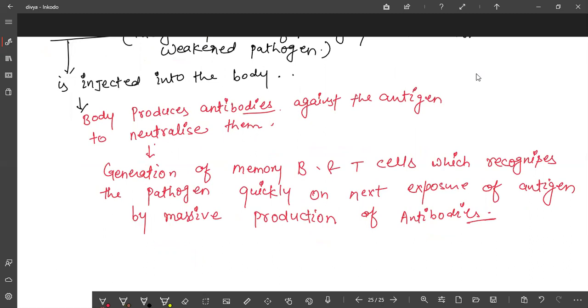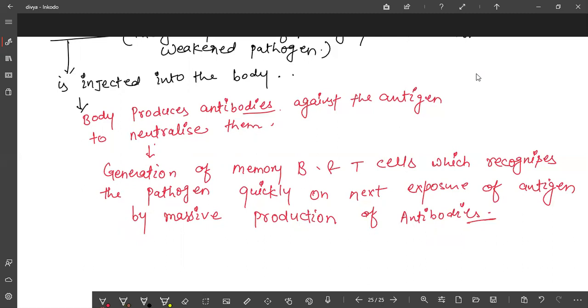So what is the principle behind immunization? During your childhood, when you have taken a vaccine, the vaccine contains the attenuated form of the microbes. Your body produces antibodies against that antigen. Again, there is generation of B cells and T cells, which will memorize the nature of the pathogen.